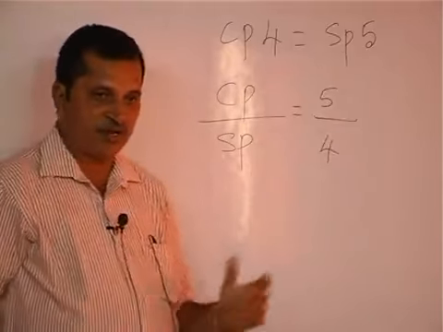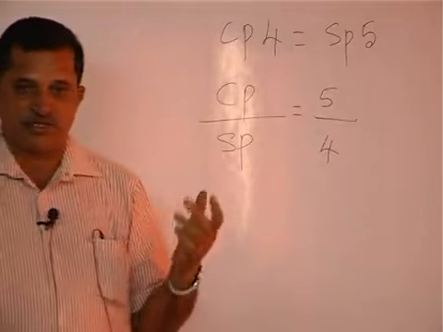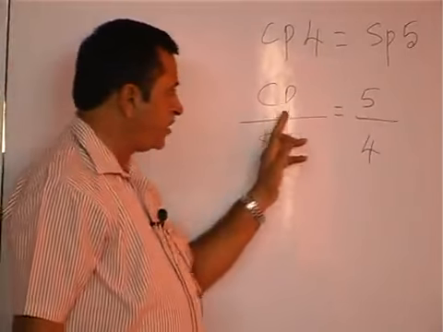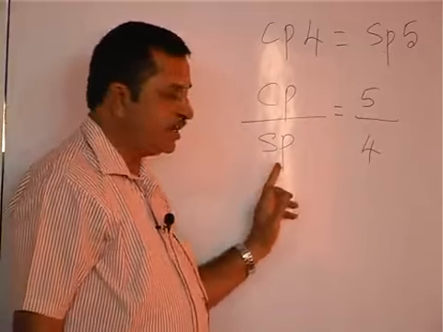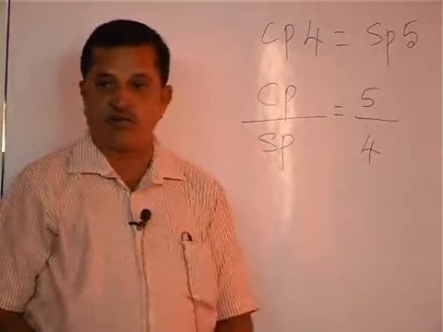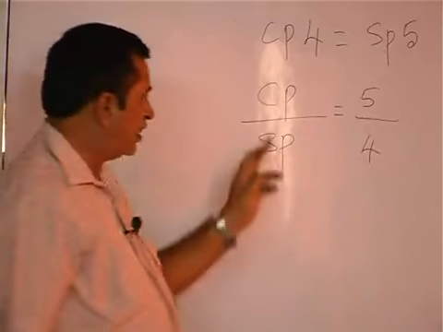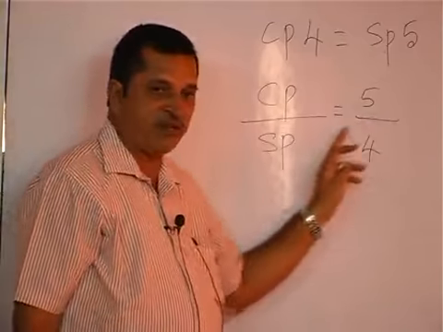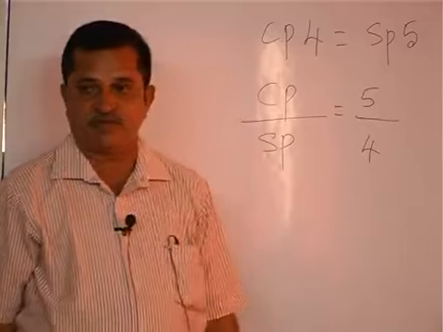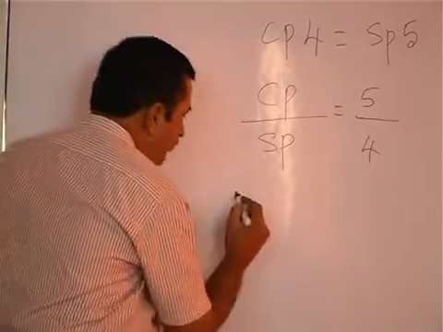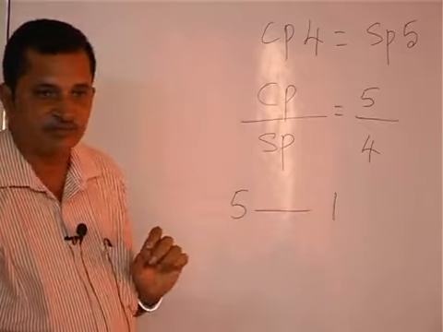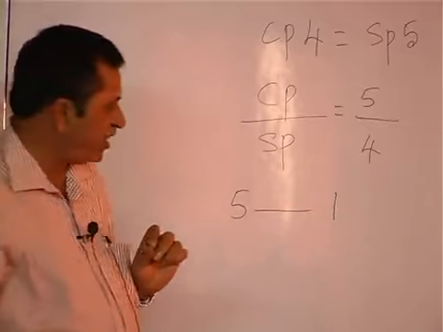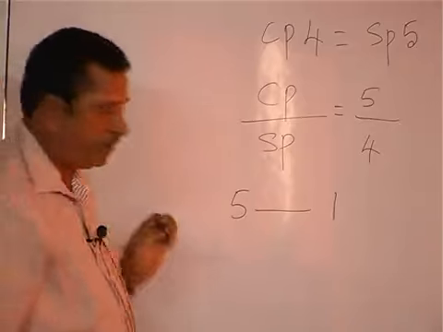Once you have converted like this, you can assume that the cost price of an article is 5 rupees and the selling price is 4 rupees. For an investment of 5 rupees, the loss is 1 rupee.